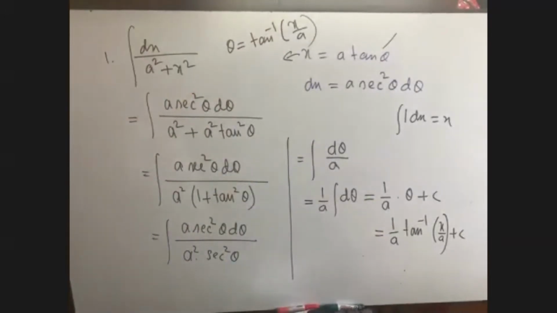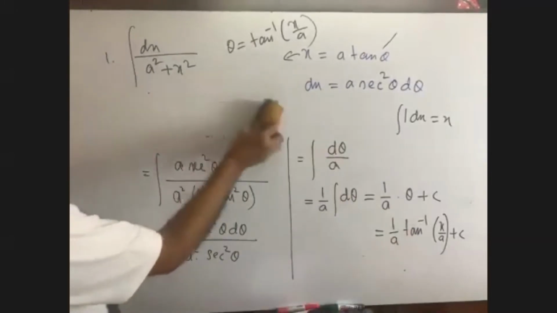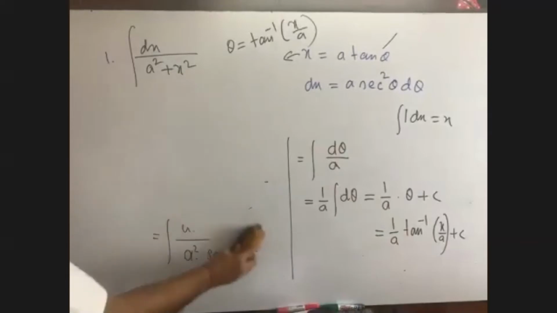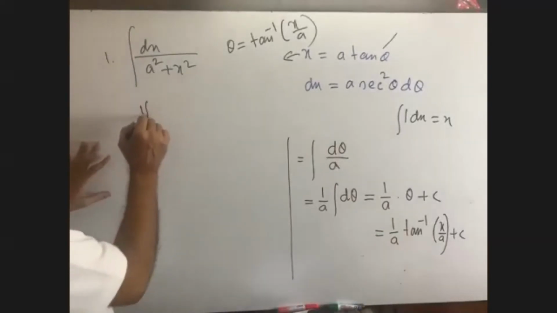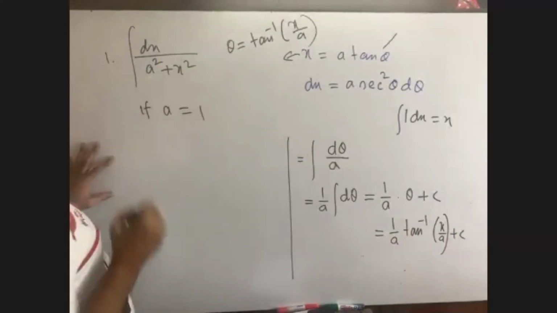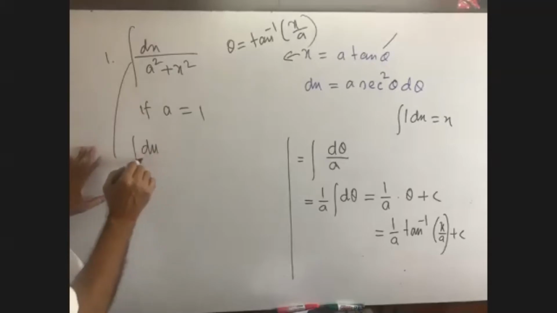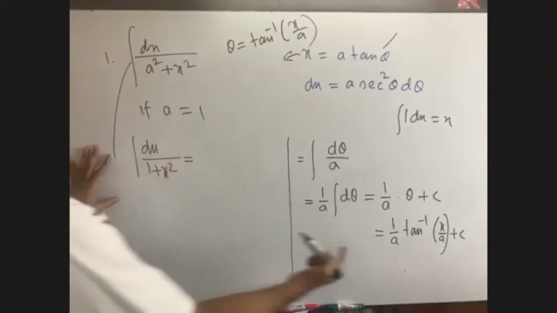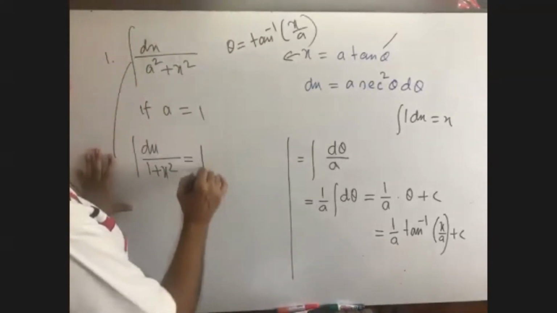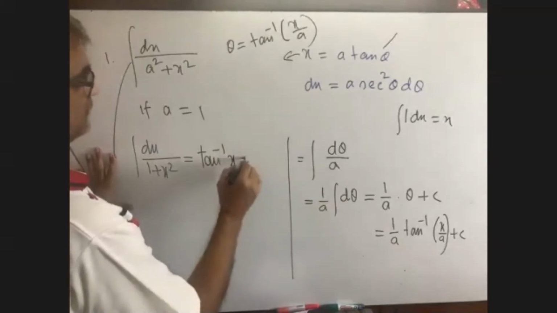Yesterday I did a math on this. Can you remember? Now if a equals 1, there will be a corollary. You see, if a equals 1, this is a corollary, then we get dx by 1 plus x square is equal to tan inverse x plus c.